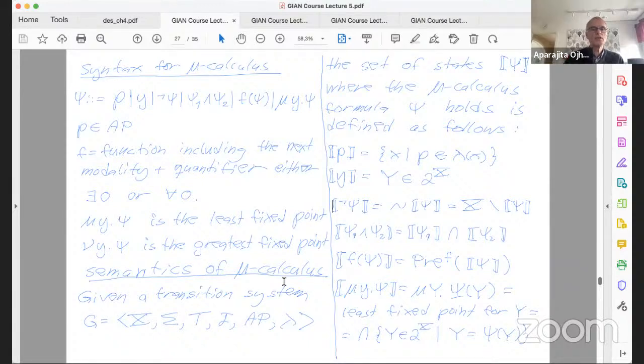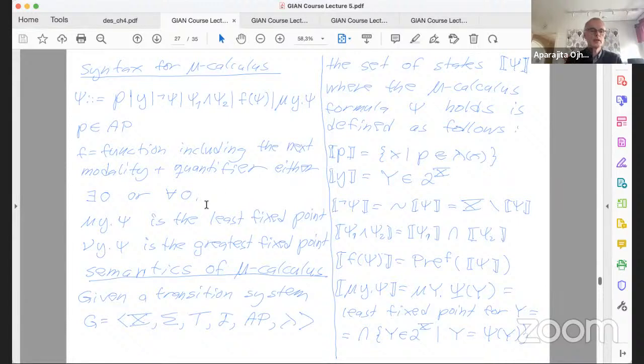So given this syntax, now I would like to give the semantics of the Mu calculus. In all these types of logics and languages, you first start with the syntax, and then you come up with semantics, trying to explain exactly what happens.